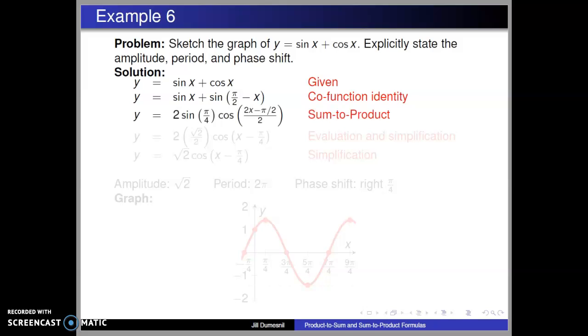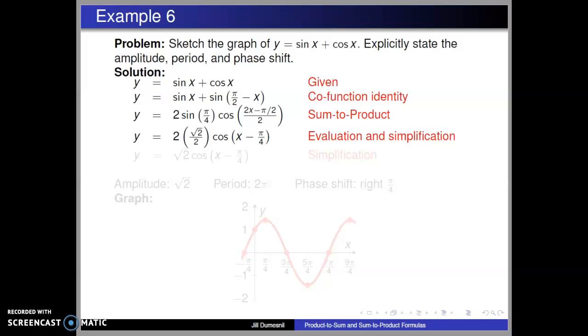Then, with the sum of two sine values, we can use the appropriate sum to product formula. We get 2 times the sine of half the sum of the two inputs times cosine of half the difference of the two inputs.